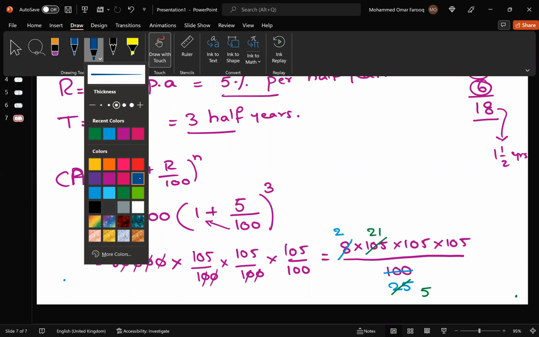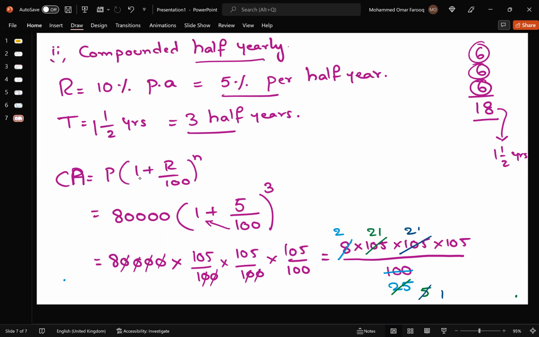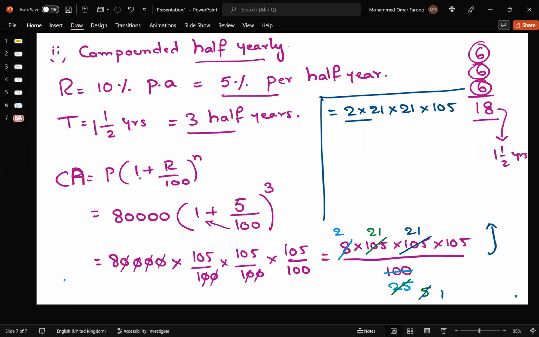Yes, 5 ones are 5 and 5 21 times. So in the denominator you have nothing. Let me write at the top. So that equals 2 times 21 times 21 multiplied by 105 divided by 1.